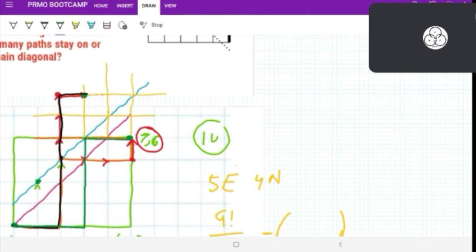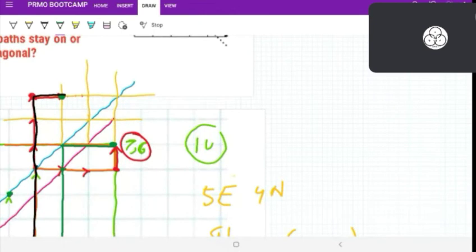Now at the point where it touches the blue line, let me draw its reflection. Where will its reflection go? The reflection of this part is simply here, and this is the destination of reflection.